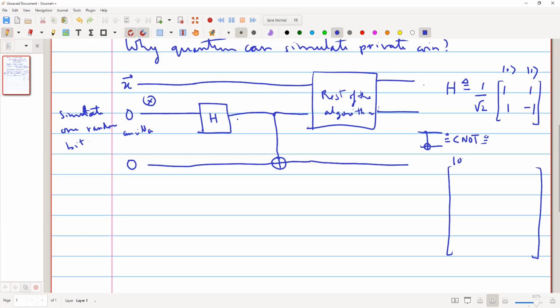And we know how to write it in shorthand. So 0, 0, 0, 1, 1, 0, 1, 1. Okay. And let me just remind you, 0, 0 by definition is shorthand for 0 tensor 0, okay, which is equal to, remember 0 is the first standard vector.